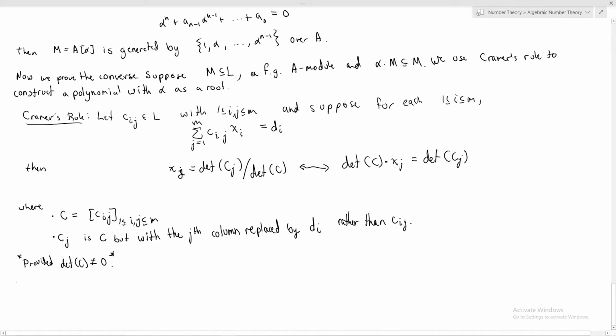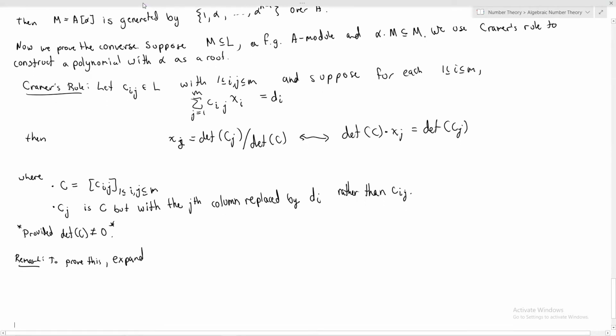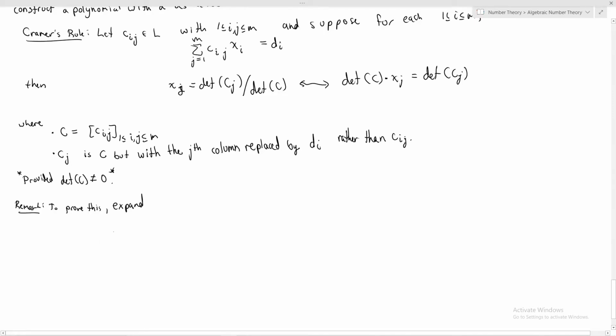Just a remark on the proof. To prove this, expand the determinant of C_j, which will look like the sum of c_1j x_j, up to c_mj x_j.